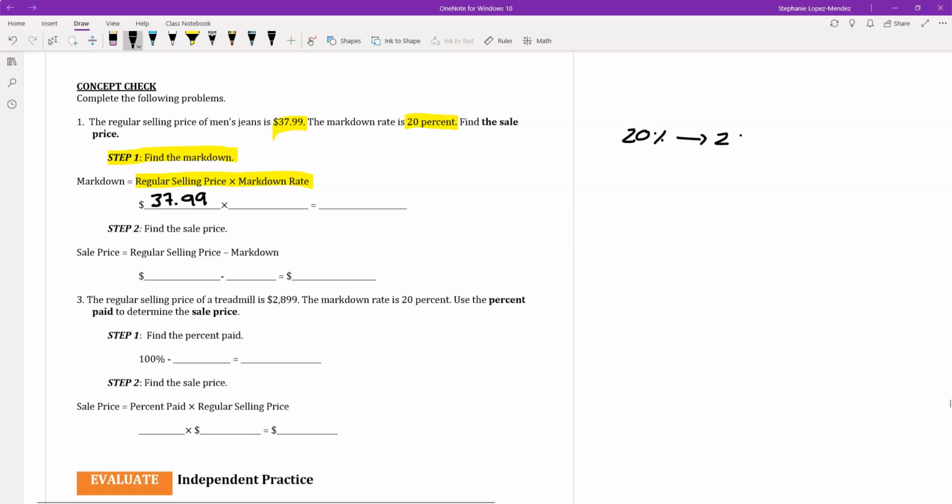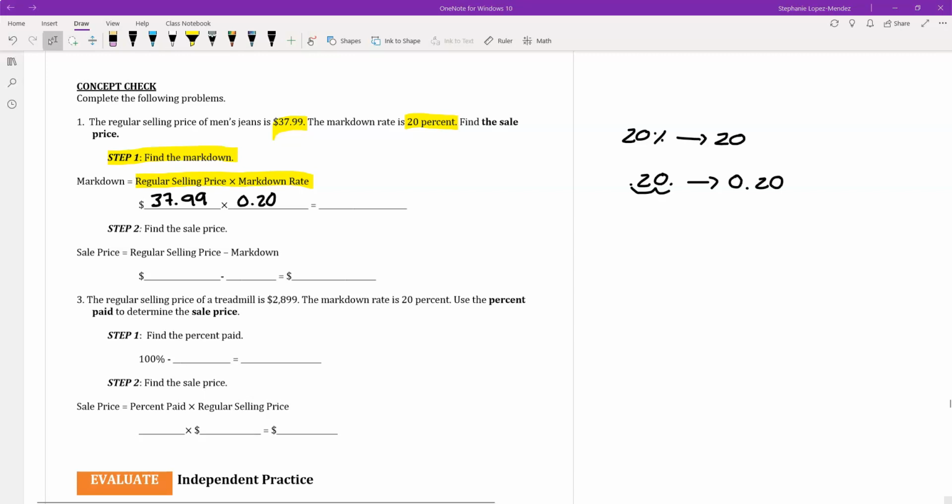We drop the percent sign, and now we also have to move our point 2 times to the left. That means our point is now before the 2, and 20 is a number less than 100, so we still need to put a 0 to our left, to get 0.20. So we can work with 0.20.